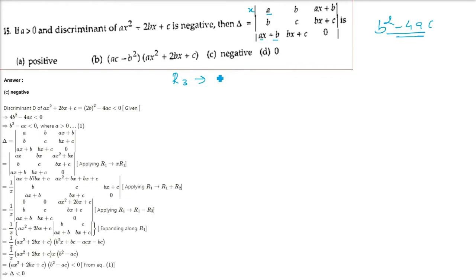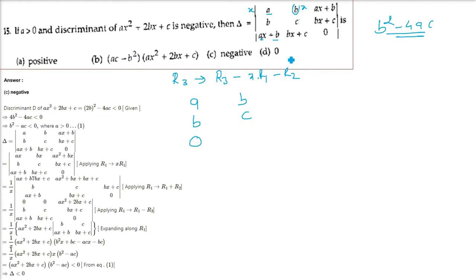Now what we'll do here is, see, a is there, ab and bc, and in the third row we have ax plus b. So we'll multiply the first row with x, second row with nothing, and then subtract. So we have to do r3 minus x into r1 minus r2.